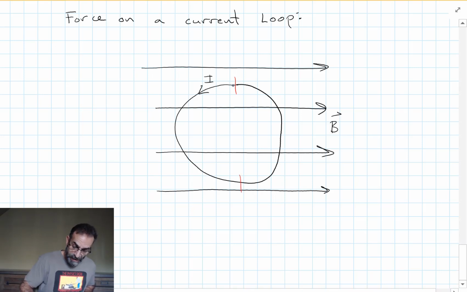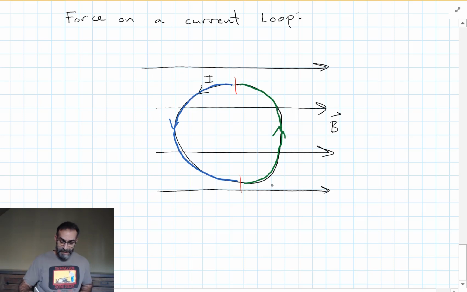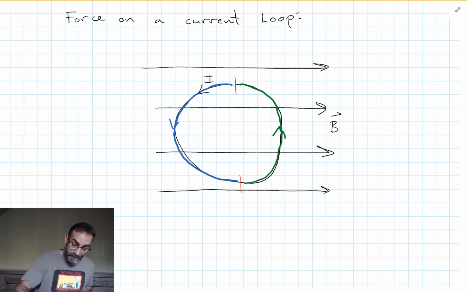Half of the loop has current flowing in this direction, and half of the loop has current continuing in the counterclockwise direction, like that. Well, I can replace the left half, the blue half of this loop, with a straight line that connects the endpoints and a current that flows like that.